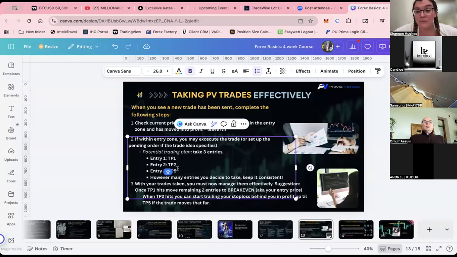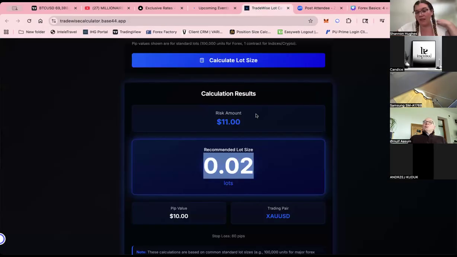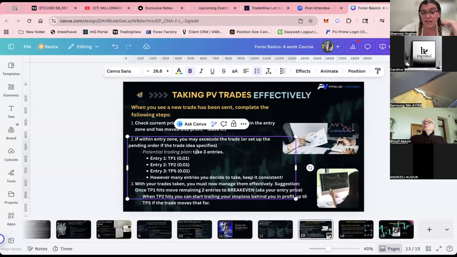If I'm going to split my risk across these 3 entries, I'm going to need to lower my lot size to 0.01 for each of these, and know that I'm actually risking probably 3% instead of 2%. Does that make sense? So if you have about $500 in your account and you're going to take 3 entries per trade, do not go more than 0.01.